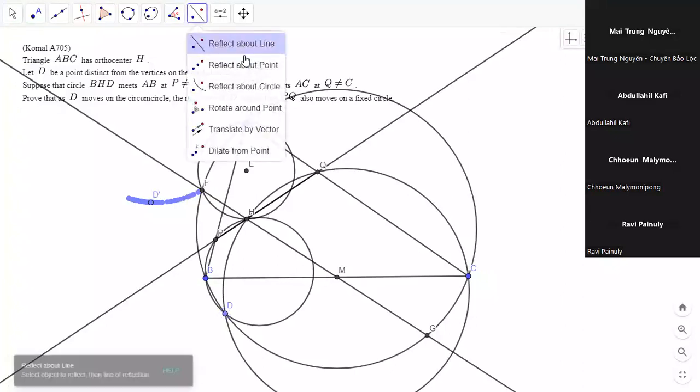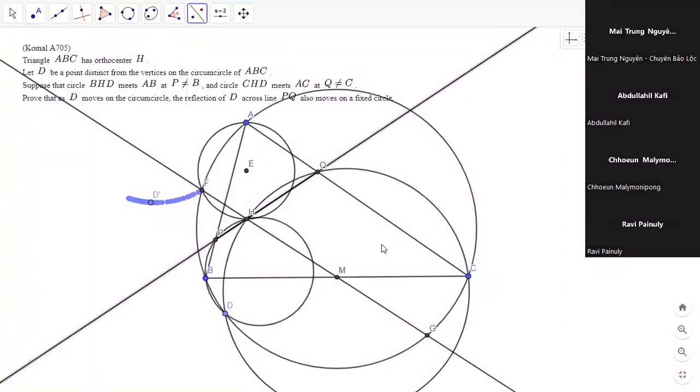So let's try this. We take this line and we reflect about this line. I was going to see if it passes through D. It does not.